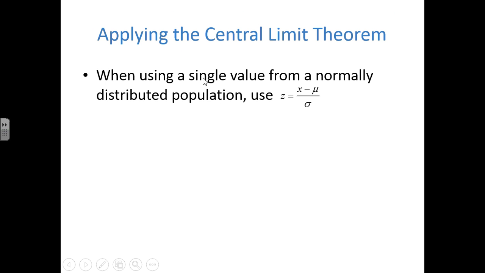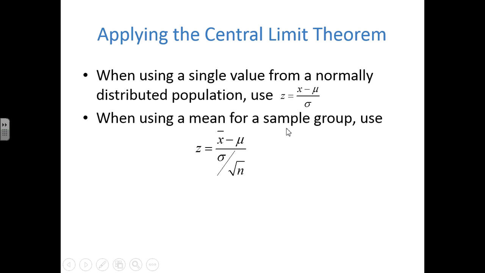So in applying the central limit theorem, remember in section 5.3, when we had to standardize a value, we did value minus mean divided by standard deviation. But when we're standardizing using a mean, the values are sample means, but remember mu of x bar is just equivalent to the population mean, but the standard deviation of x bar is the population standard deviation divided by the square root of n.